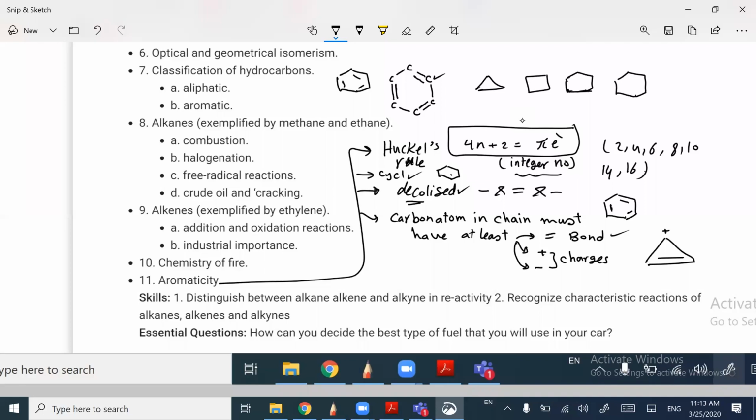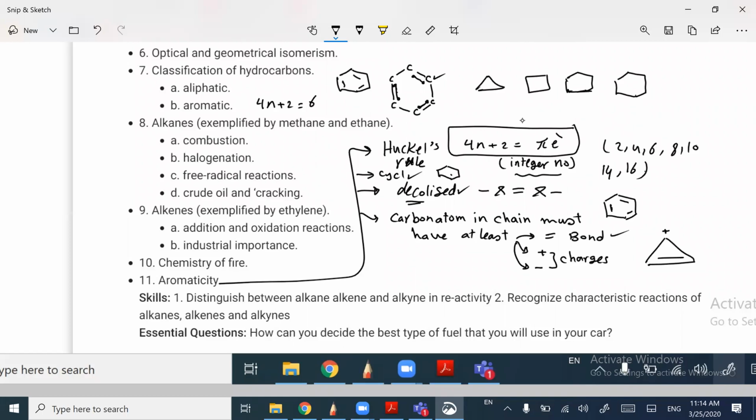Okay, Huckel's rule. Firstly, 4n plus 2 equals the number of pi electrons. Each pi bond contains 2 electrons, so 2, 4, 6.